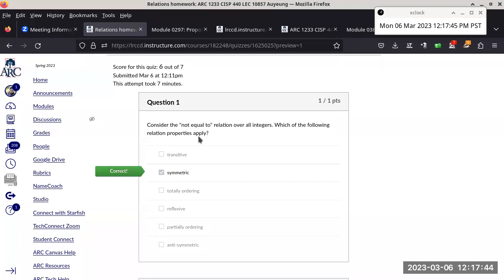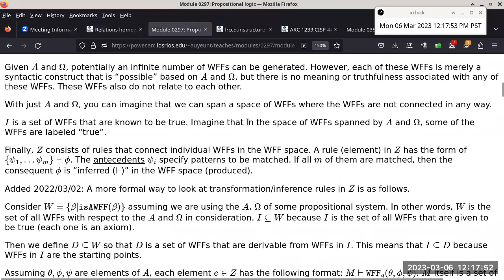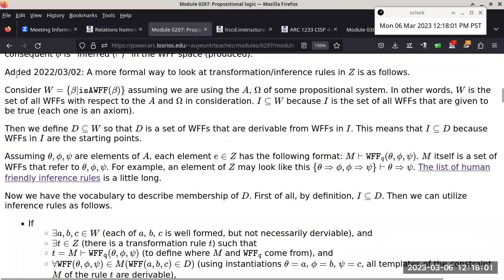All right, any other questions? All right, so we're going to move back to the propositional logic steps. So where we were was right about here. I gave you guys an example, and what I want to do is to go over this part here that was added about the same time last year, because I thought it would be helpful to illustrate the kind of problem that we're having.